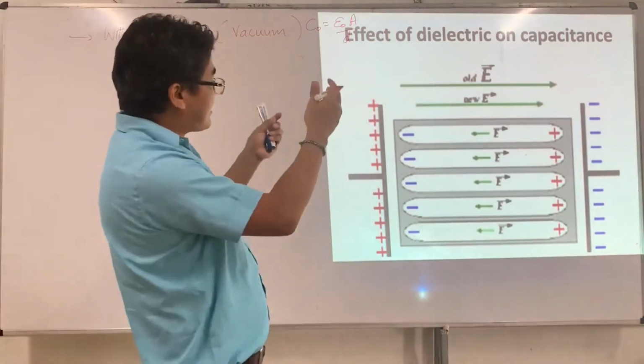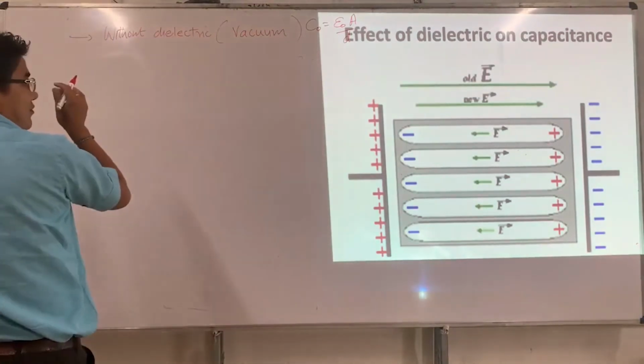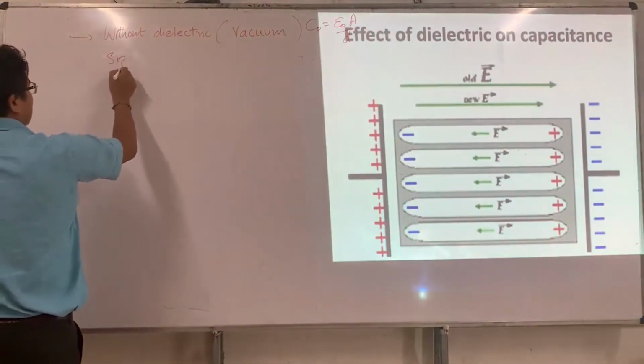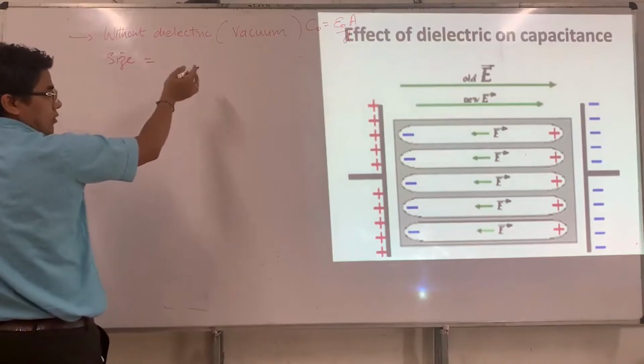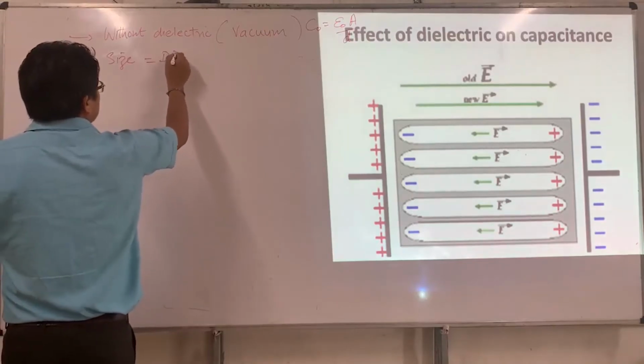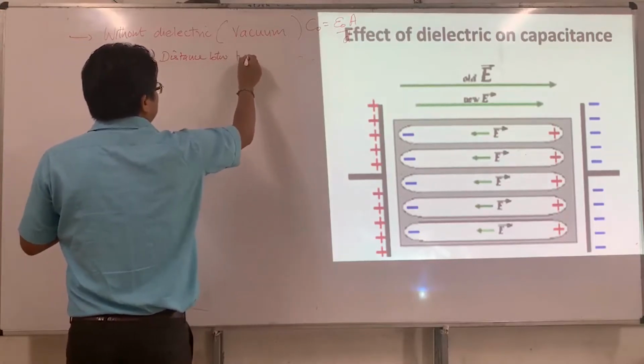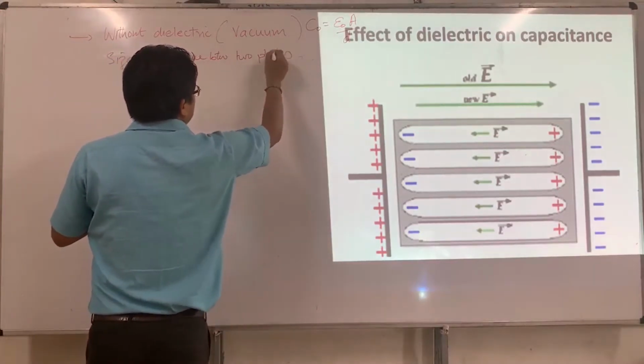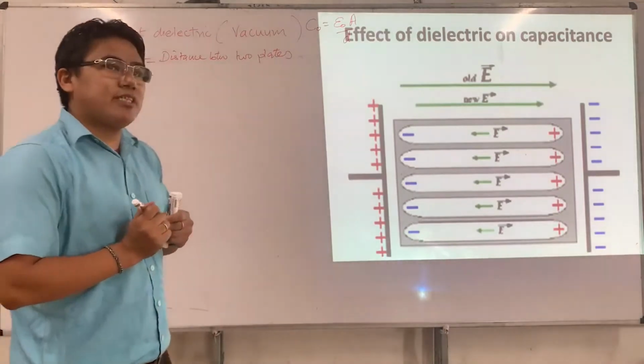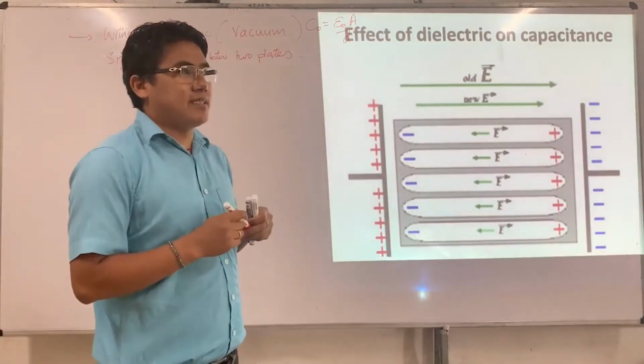Once I insert a dielectric whose size is equal to the distance between the two plates, what is going to happen? Polarization is going to take place.